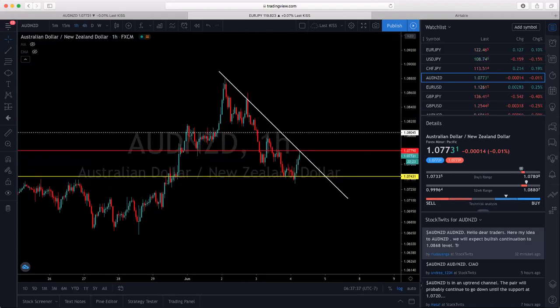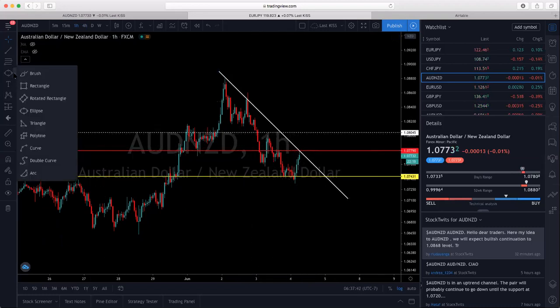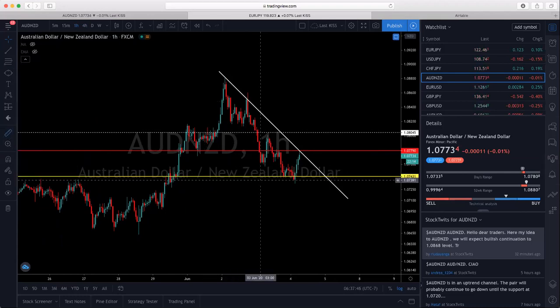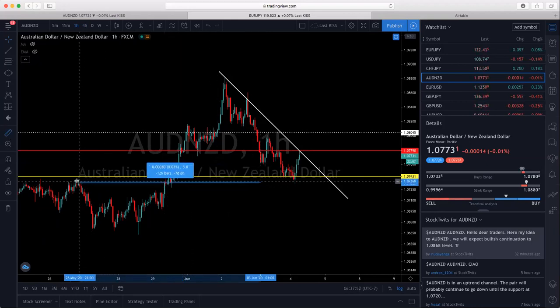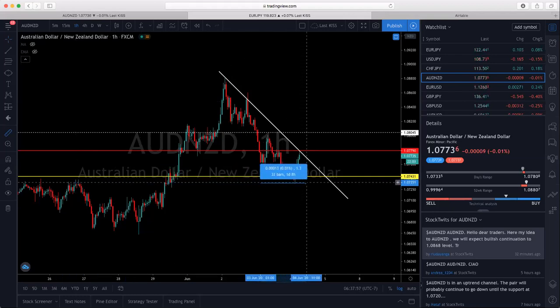So this is going to be a level where selling pressure is now going to come in. And it makes sense because, as you can see, price rejected off of this area, which if you look left, was also a rejection area. Price also rejected off of here. And we're seeing that same thing happen in the future.